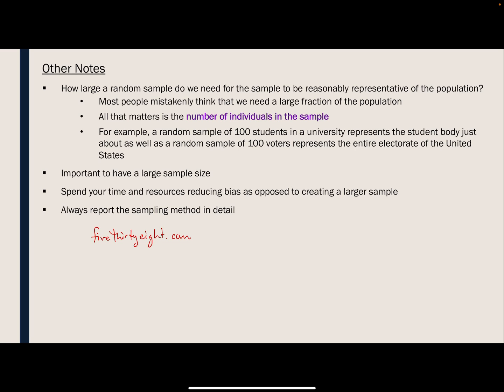If you follow some links, they'll describe in pages of detail how they take a sample. Another good website with a lot of examples of samples and sampling methods, and how they describe those methods, is Pew Research. I think it's just pewresearch.com. I know I have a space there, but there'd be no space obviously in the link.